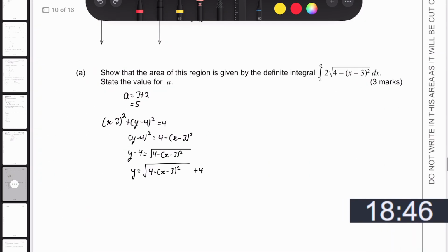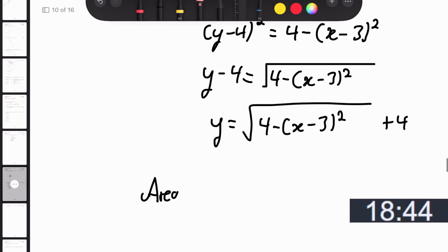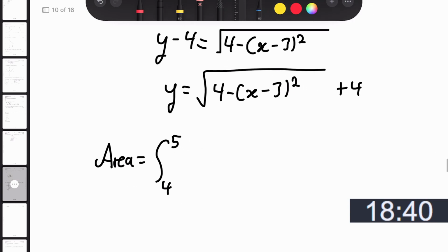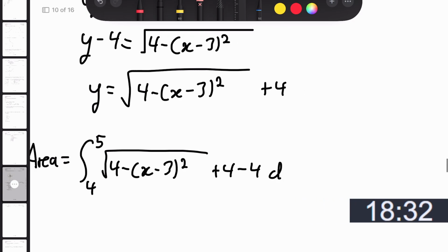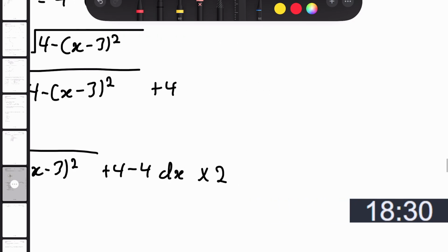So then area is going to be equal to the integral from 4 to 5 of square root of 4 minus x minus 3 squared plus 4 minus 4 dx, times 2 due to symmetry.